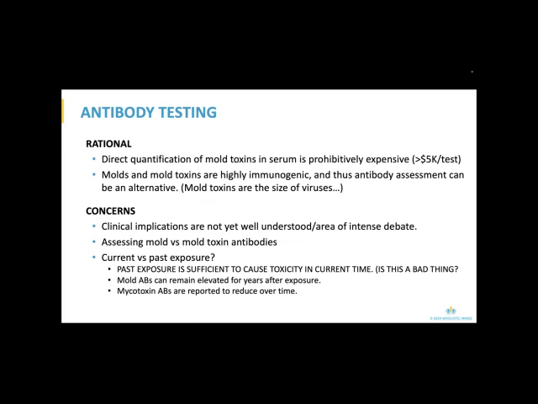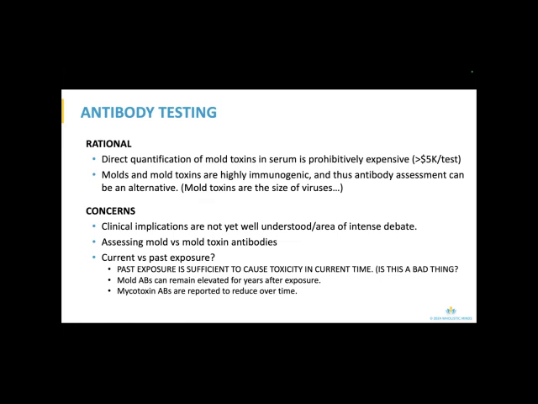Because molds and the mycotoxins are highly immunogenic, again, the idea is, well, if the immune system gets pissed off every time it sees mold, then just look at the immune response because that's cheap. And Dr. Andrew Campbell was the one that pointed out that we can easily check antibodies against varicella. I mean, pretty much all the viruses, right?